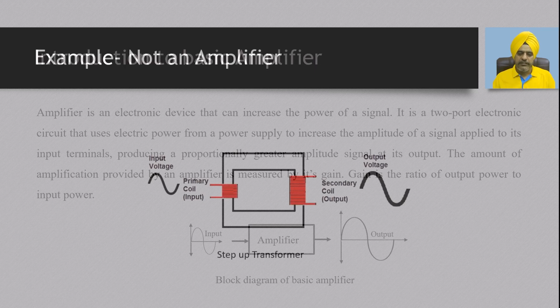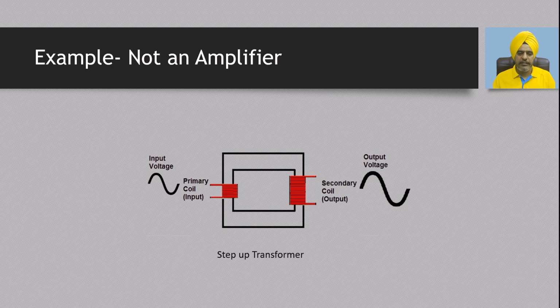And the first thing that comes to our mind, which we study, is the step up transformer. But a step up transformer is not an amplifier. The reason is the output voltage is greater than the input voltage, but by the same amount the output current is decreased, thereby the power of this signal remains the same.